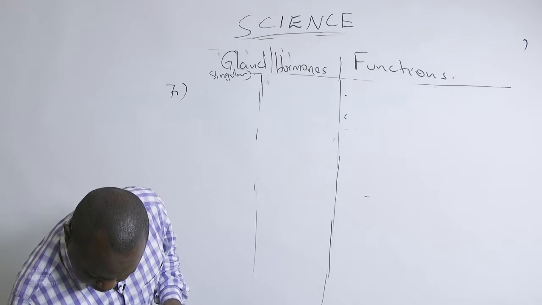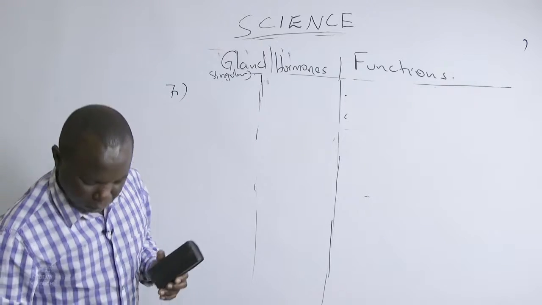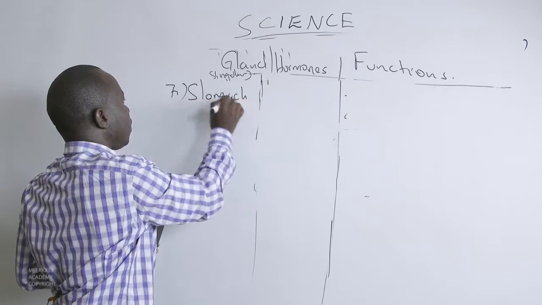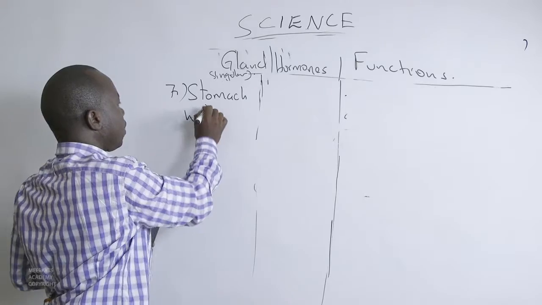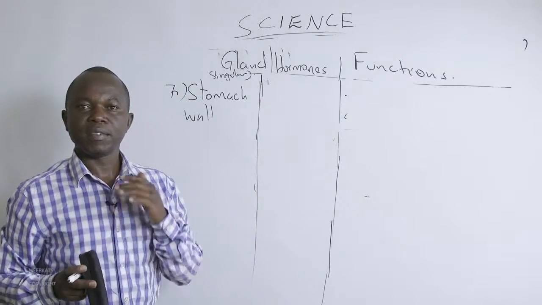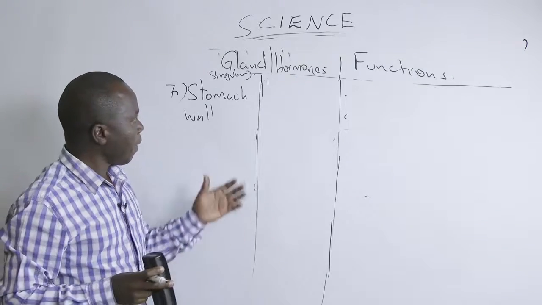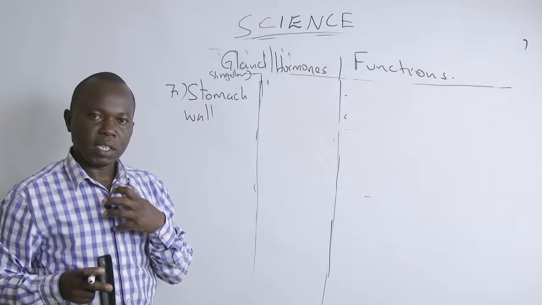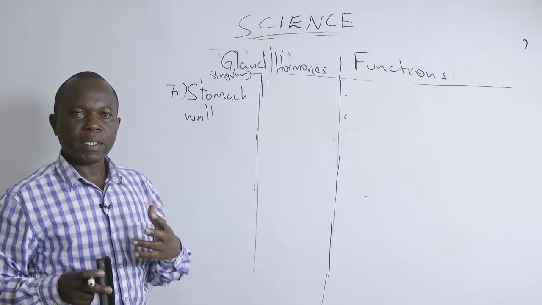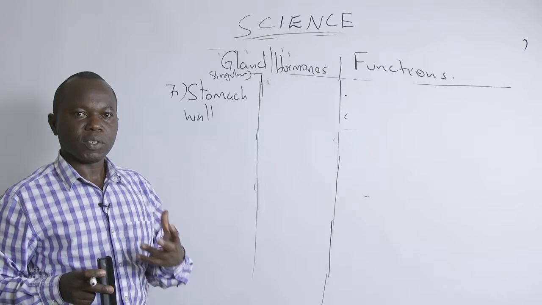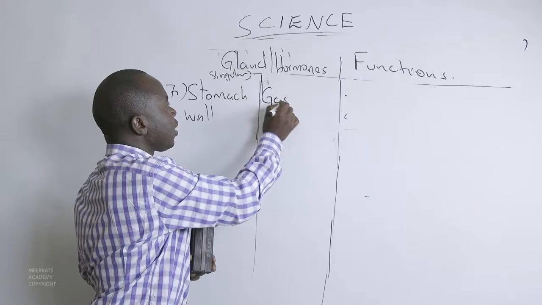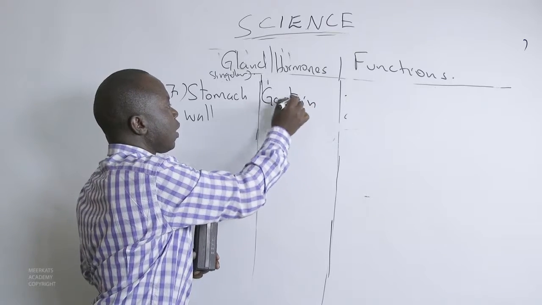Number 7, we have several. We also have the stomach wall. Stomach wall does not just function in the digestive roles alone, but when food reaches the stomach, the walls will be stimulated. When stomach walls are stimulated, it usually releases a hormone called gastrin hormone.